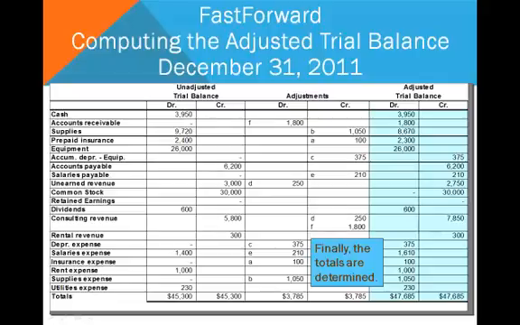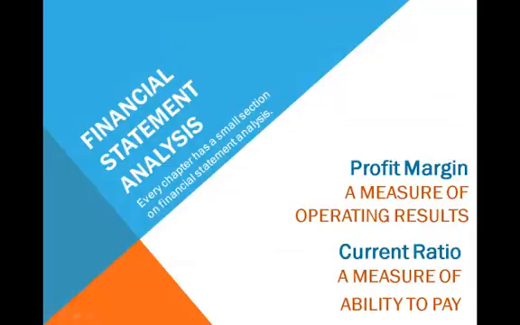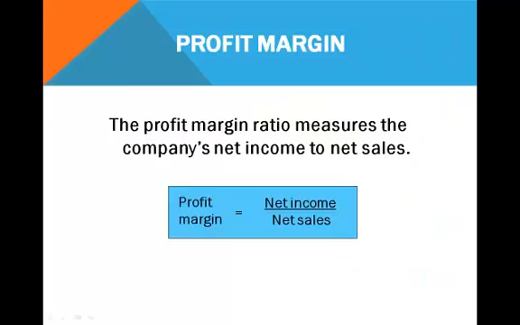First, let's talk just a little bit about financial statement analysis as presented in this chapter. This chapter includes two common ratios in the financial statement analysis section at the very end, the profit margin and the current ratio. The profit margin is very simple, but it's an important measure in business. It tells us about the relationship between sales and profits or net income.